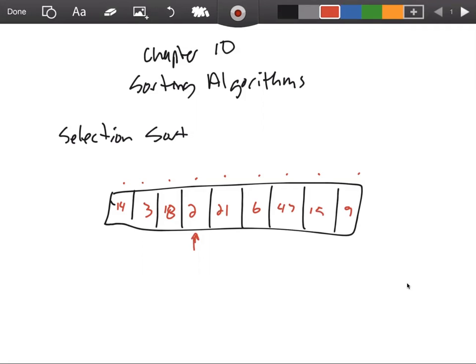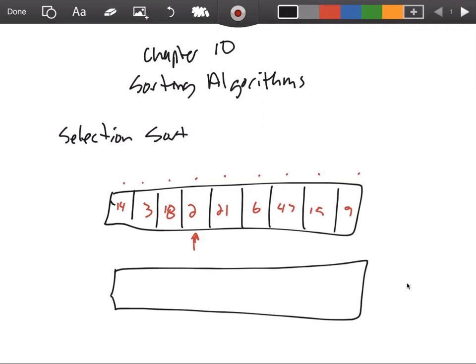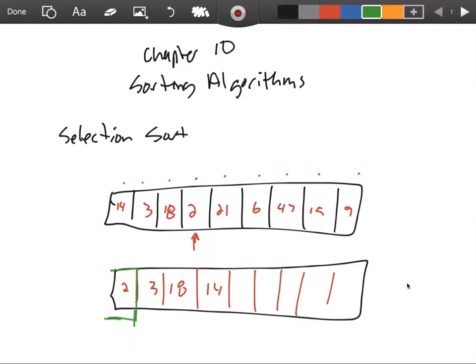Once it finds that, it's going to swap with the first position. So it's going to put the 2 over here. It's going to leave the 3, the 18 alone. It's going to put the 14 here, and so forth all the way down. It doesn't bother the rest of them.